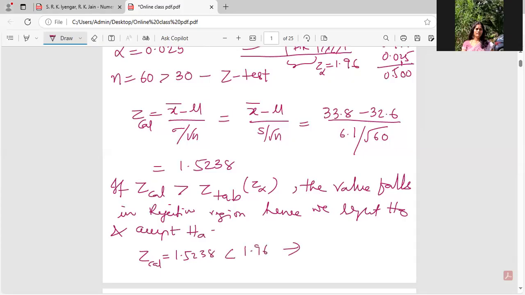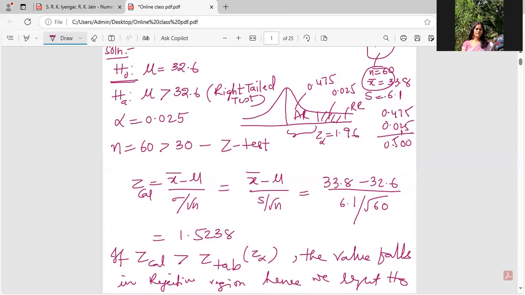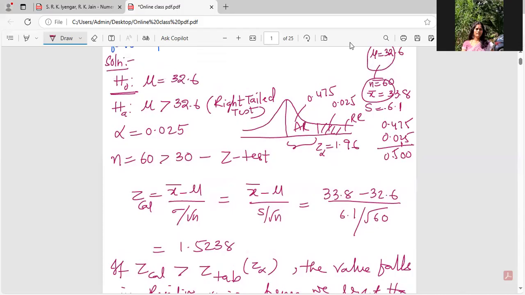So what should I do? I should accept H0. That is, the mean time of workers, mu, is equal to 32.6 and not greater than 32.6, is how I will conclude. This is how you do a right-tailed test question, guys. I'll tell you in the next video how to do a left-tailed test as well as a two-tailed test. Okay, right.